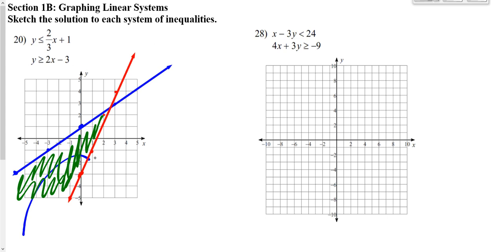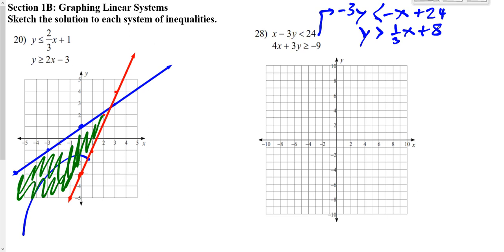With 28, it's pretty much the same thing, except we have to do one extra step of getting y by itself. So get y by itself in each one, and then graph these. When you're getting the top one with y by itself, subtract an x, and then you divide by a negative. Now remember, when you're dealing with inequalities, if you divide by a negative, you need to switch your inequality signs.